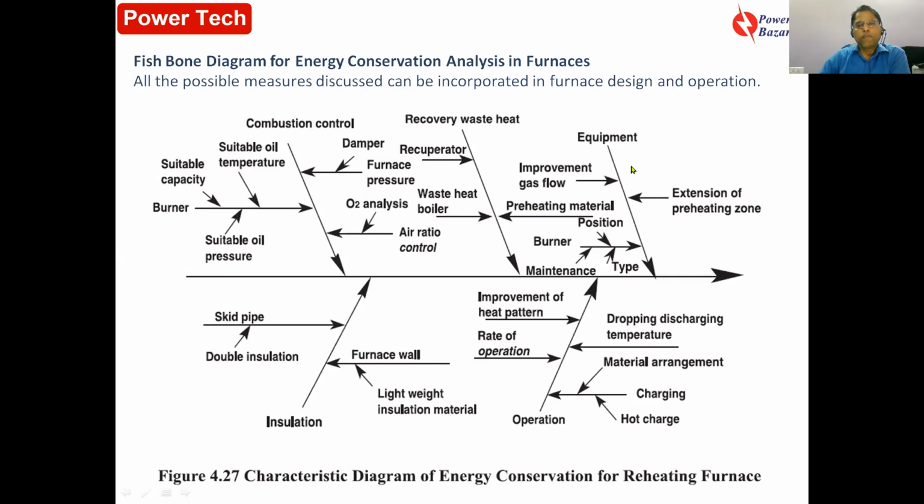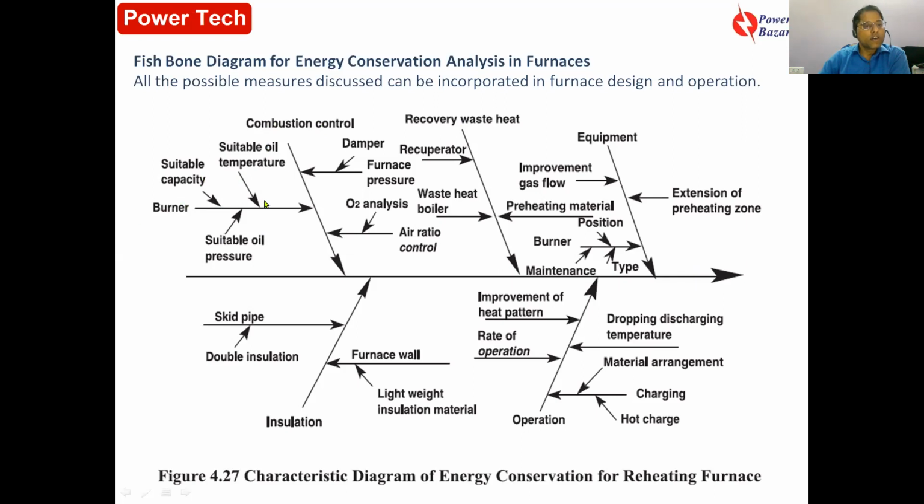These are the 5 major options. One is combustion control, another one is waste heat recovery, another one is good quality of equipment, operation, and installations. So these are the major parameters through which energy can be conserved in a furnace. Now, there are certain other parameters. For combustion control, what do you require?